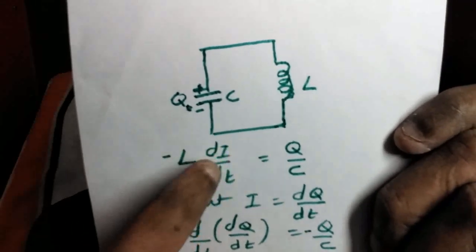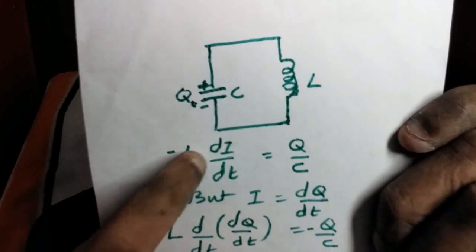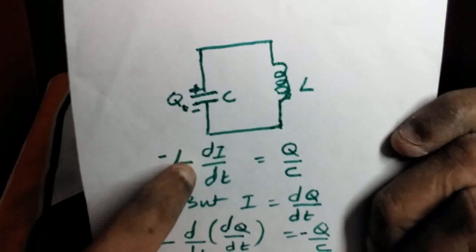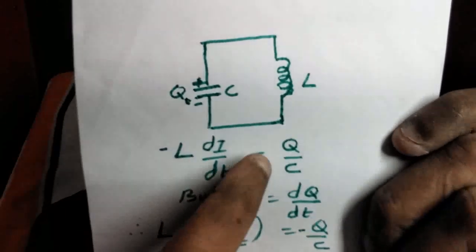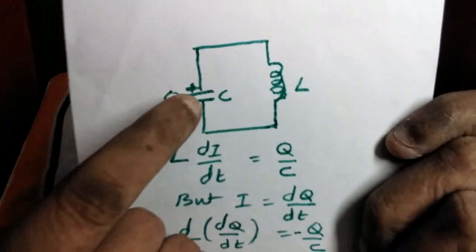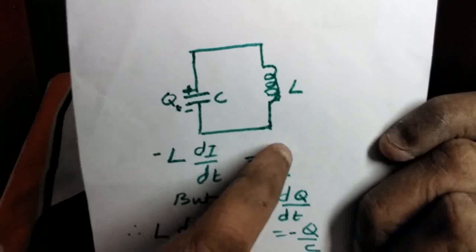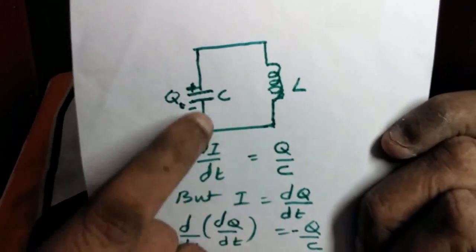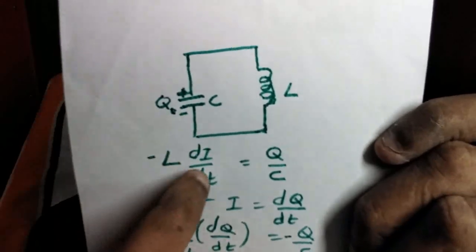Replace phi by L into I, and since L is a constant, you can take it outside the differential. So minus L into dI by dt equals the voltage across this capacitor, q by C. The counter EMF must balance the cause that produced it.